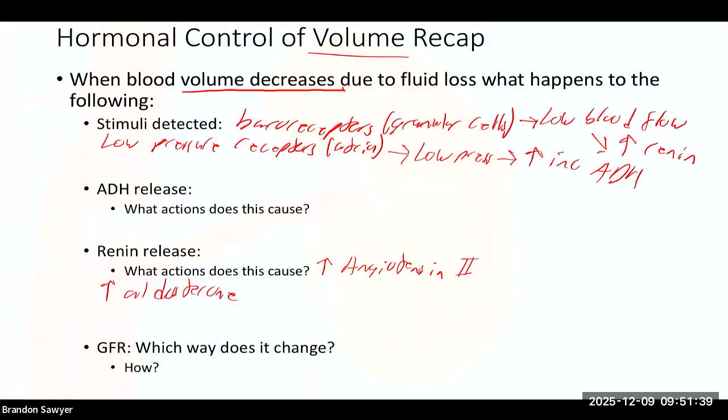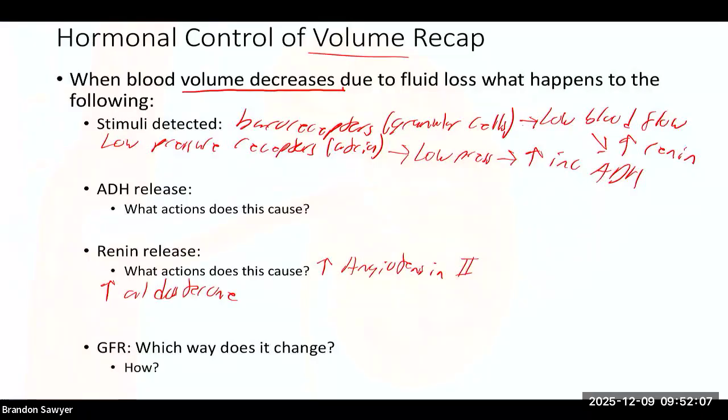It's the most powerful mechanism for both salt and water retention, but it's primarily driven by helping us with the salt part of things, and water follows that too. Sodium is the primary concern of the whole renin system, whereas water is the primary concern of vasopressin or ADH.